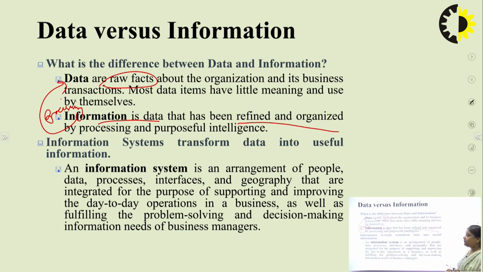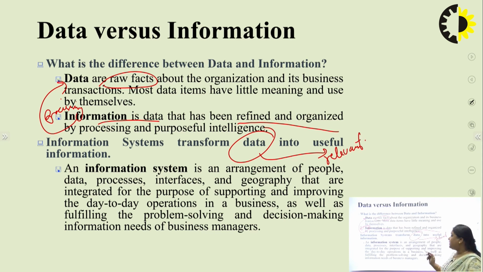An information system transforms data into useful information. So, what does an information system do? It converts that data, those raw facts and figures, into relevant information.